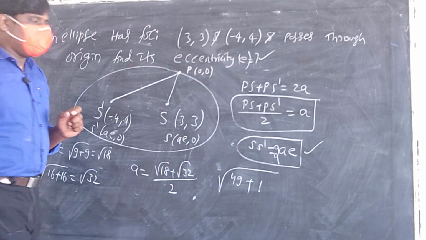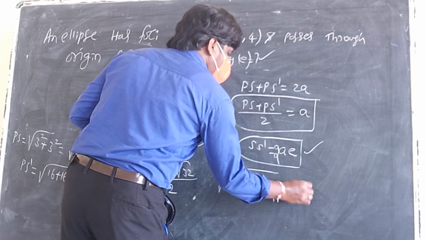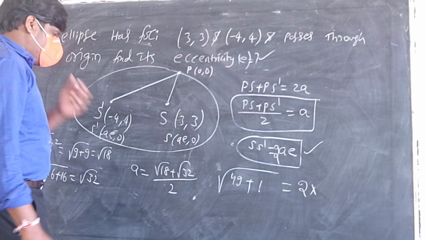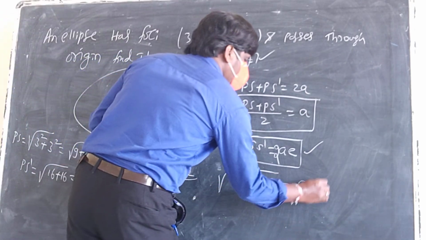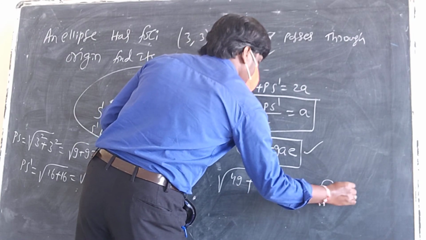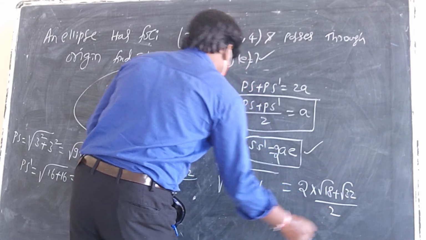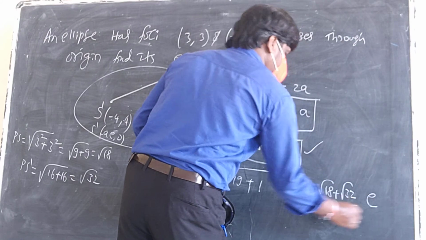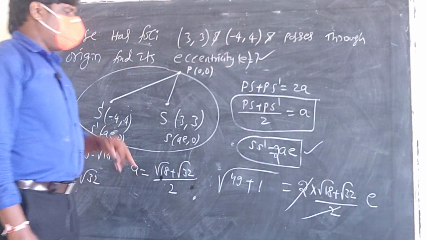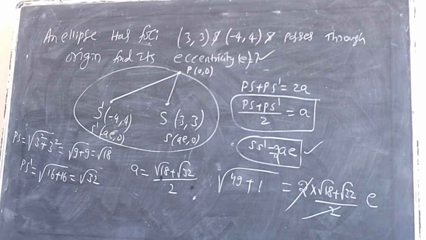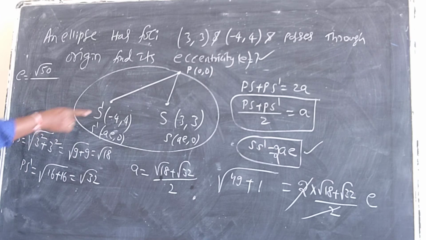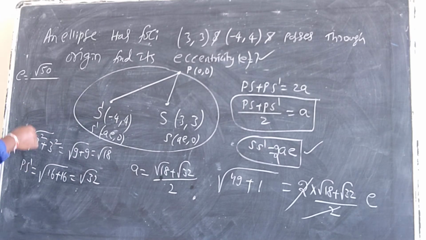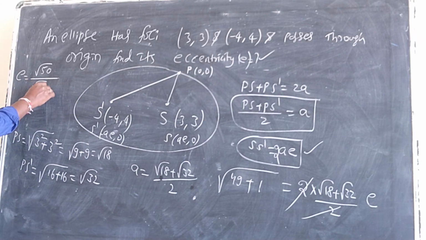That is equal to 2 times the A value I got, (root 18 plus root 32) divided by 2, into E. These 2 cancel out. So finally the E value I am getting is root 50 divided by (root 18 plus root 32).